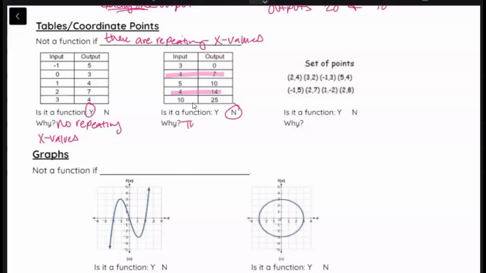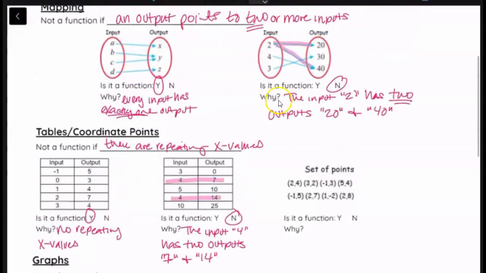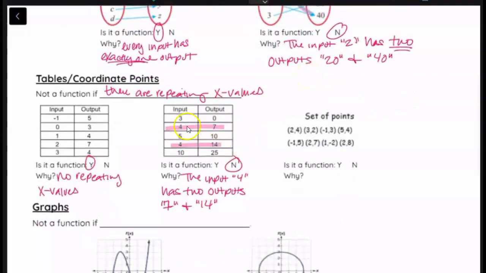So the input 4 has two outputs, and you can see that the first 4 goes to 7, and the second 4 goes to 14. This is similar to the mapping, where we had an input value going towards two different output values. We have our input value 4 going to 7, but the same input value 4 also going to 14. That is not okay. For every x, there has to be exactly one y.